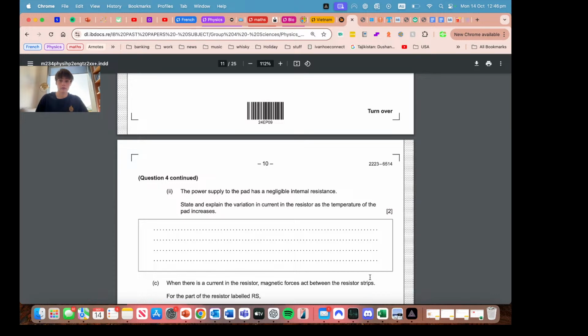Did he? Real. Did he say that? But the IB was at the party. Found out the IB physics markers were at the party, bro. 100%. No one's crazy enough to write this.